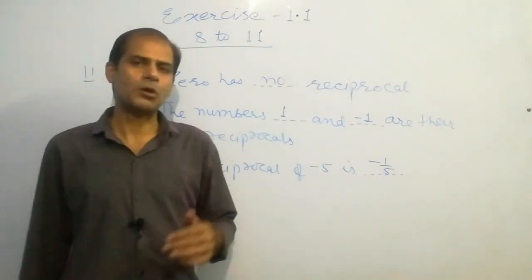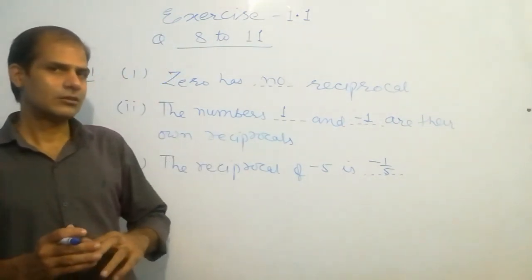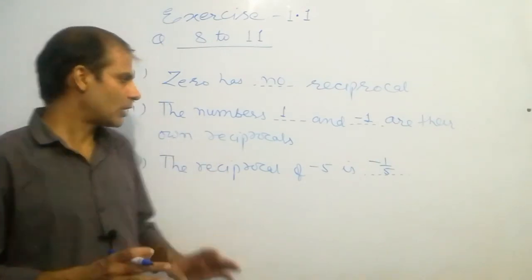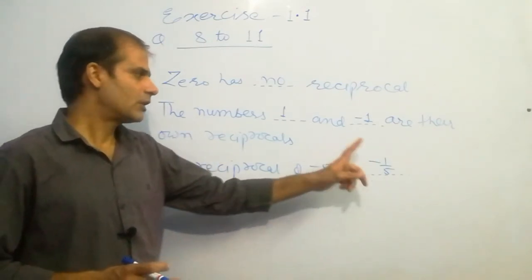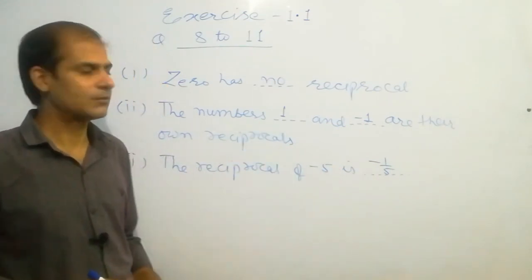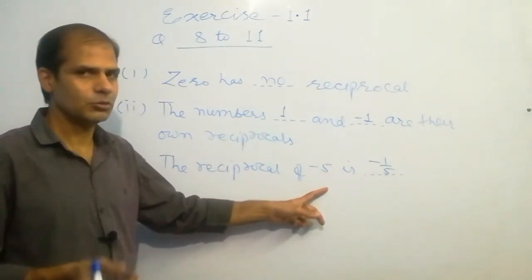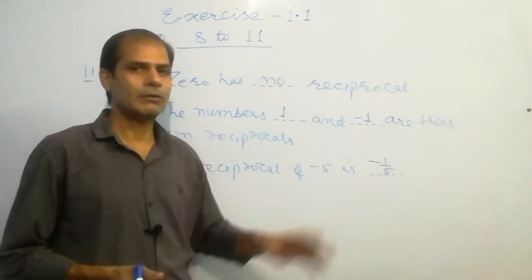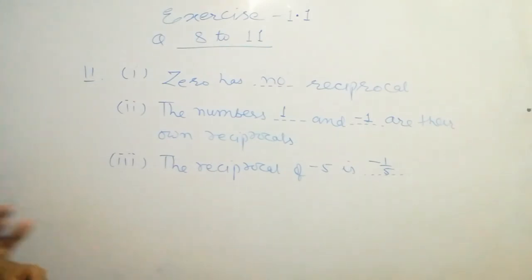If you find the reciprocal of a number, just change the numerator and denominator, but don't change the sign. So this is negative, the reciprocal will be negative, just change the numerator and denominator. It is 5/1, you can think, then the reciprocal will be 1/5 and we will put the same sign. So always be careful.